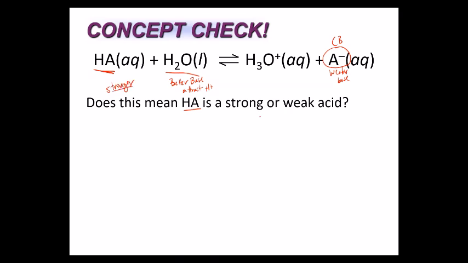They kind of go in tandem: the stronger acid yields a weaker conjugate base, and a weaker acid yields a stronger conjugate base. So we would say HA is strong in this particular case, because we know that the A minus is a weak conjugate base because it can't even beat out water's attraction for the H plus ion.